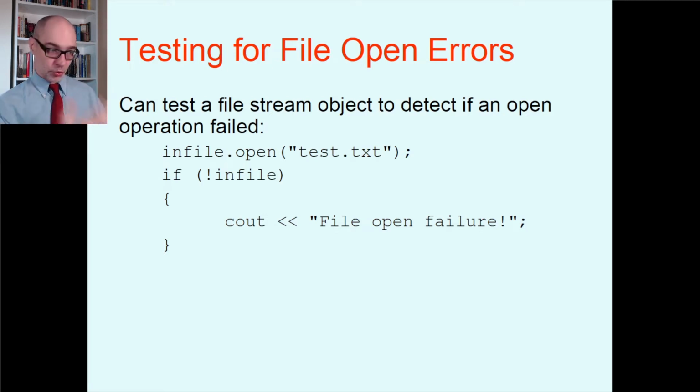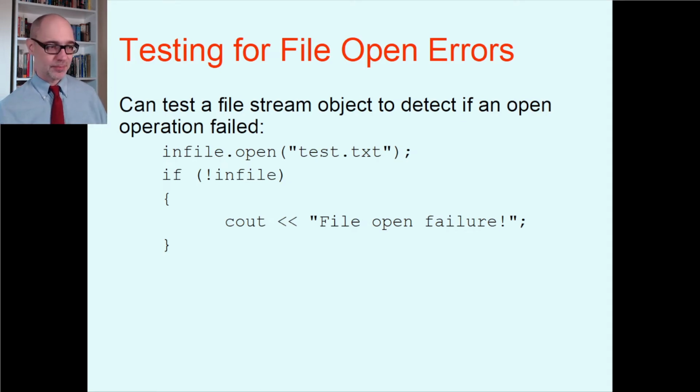That Boolean is going to be true if it did open up, if it did find the file successfully. It's going to be false if it couldn't find it. Actually, the name of your file stream object will return that Boolean. So the name of your file works like a Boolean, true or false, about whether it was opened up successfully.